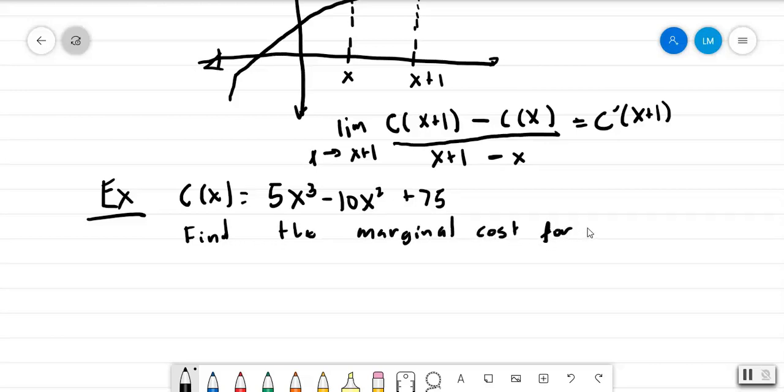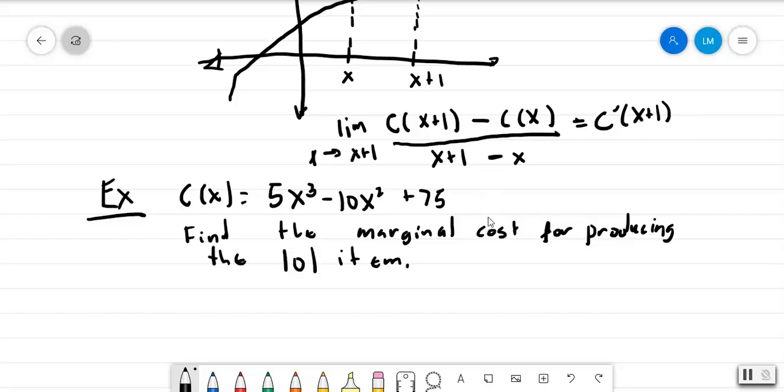for producing, let's see, I think it's 100 items I wanted to ask. So this is for producing the 101 item.